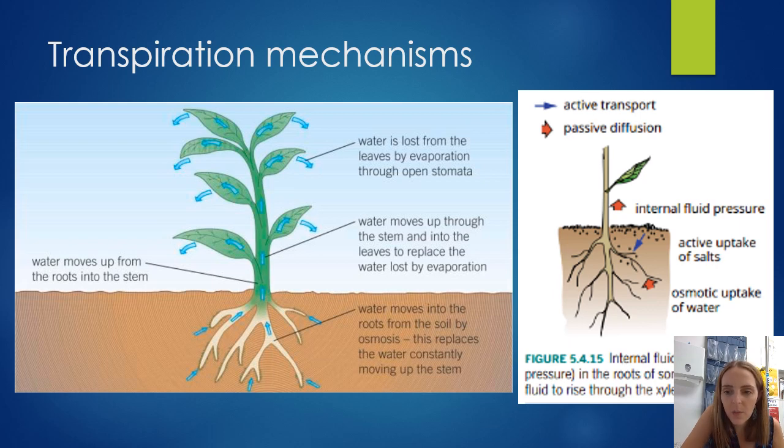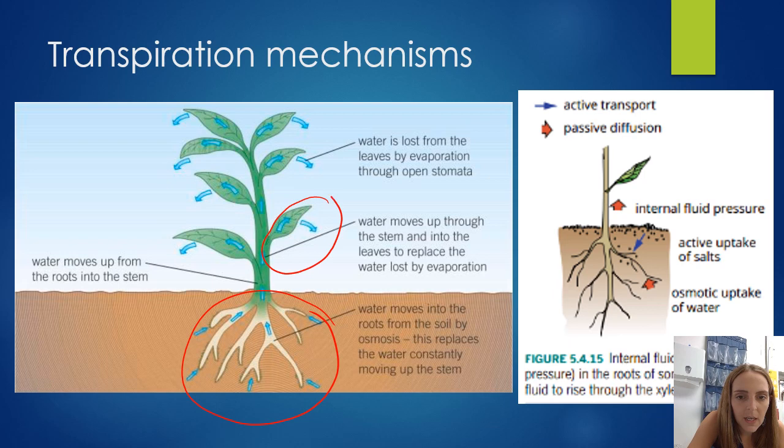Okay, now this is showing you this a little bit better. So we've got water moving into the roots by osmosis down here at the bottom. As it moves up, we've got water moving through the stem and moving into the leaf to replace water lost by evaporation. So when the stomata open here, we lose water, that creates a flow of more water to move up the leaf.